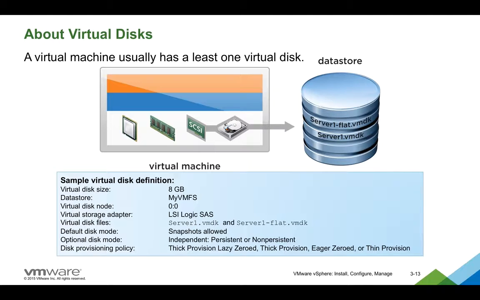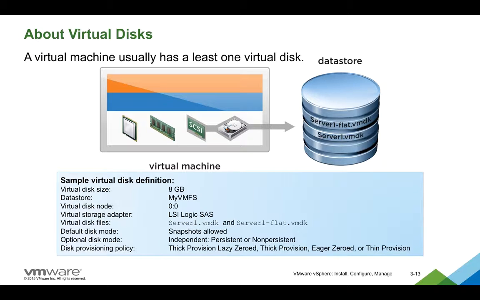Again, you're going to have a minimum of one virtual disk per virtual machine, but it'll be composed of several files. The VMDK file, which is stored in the data store, is a disk descriptor file. So that's going to assign disk size, where it's placed in the data store, and what kind of connection.